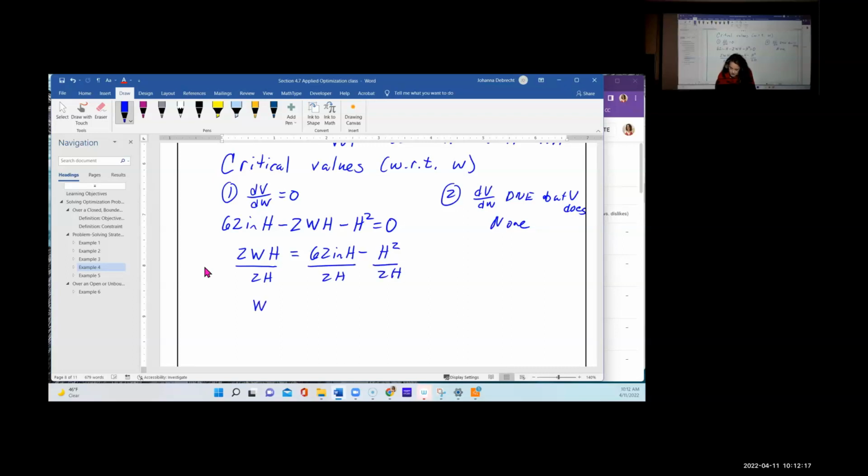And this gives me W equals 31 inches minus H over 2. All right. Now, it's still in terms of the unknown H, but H is a constant, even though I don't know what it is. Now, I can take the second derivative test.